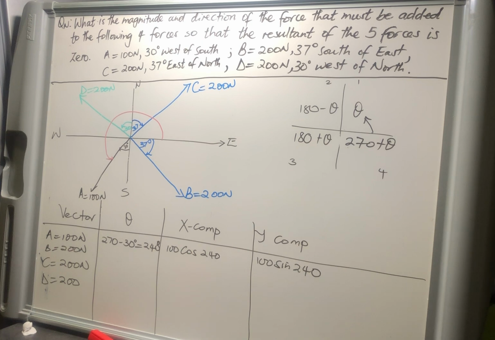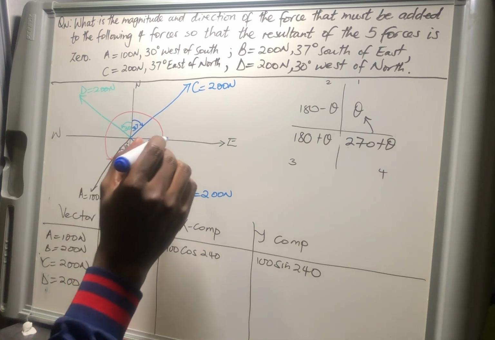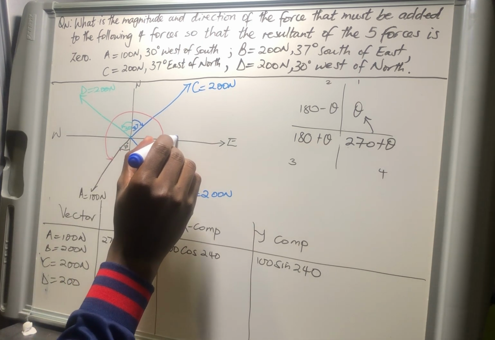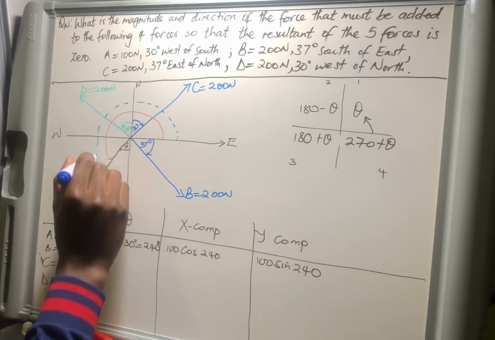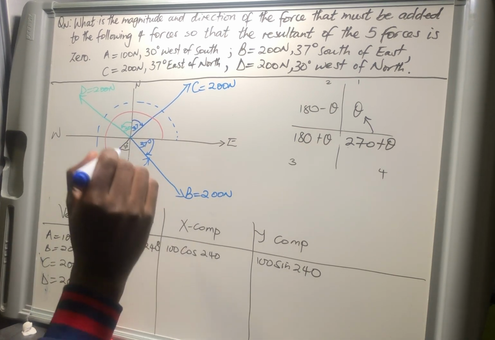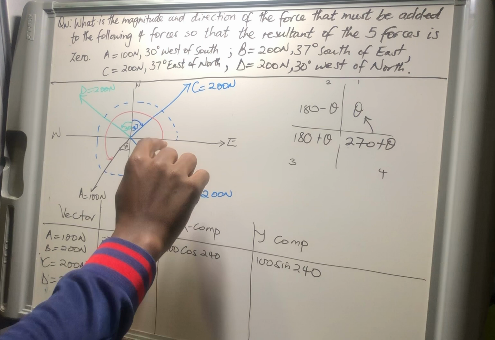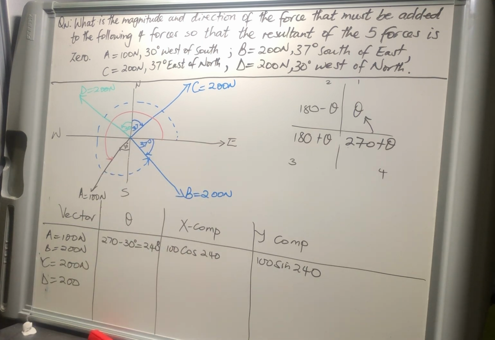The angle that we need, under normal circumstances, is this angle all the way up to this line. If we are to take it from this side, it must be negative. But if we are to take the actual angle, it must be this covered area by this dotted line. So how can we get that angle?